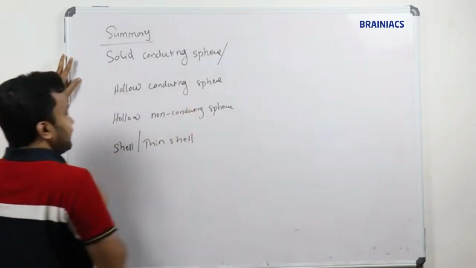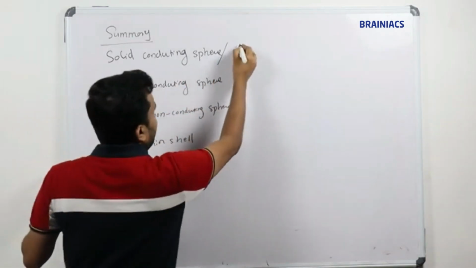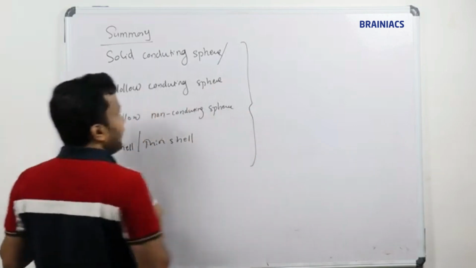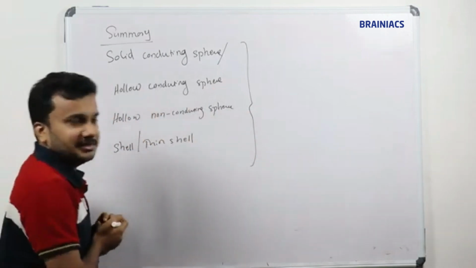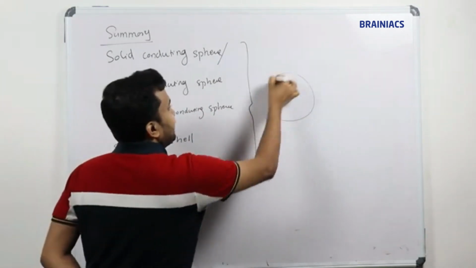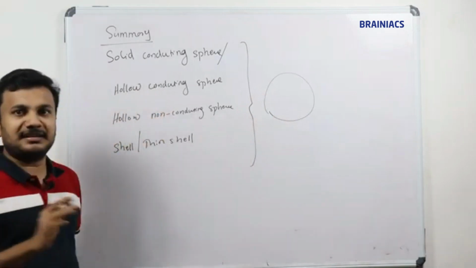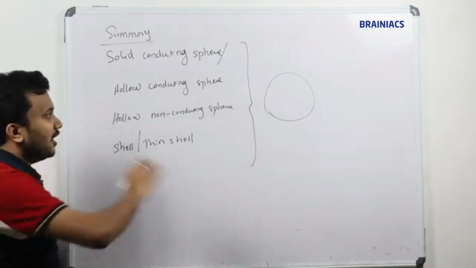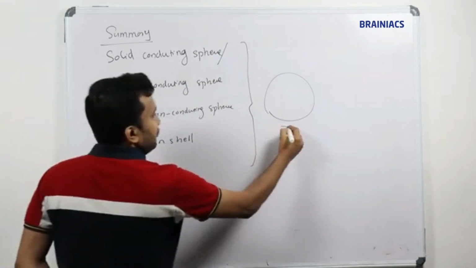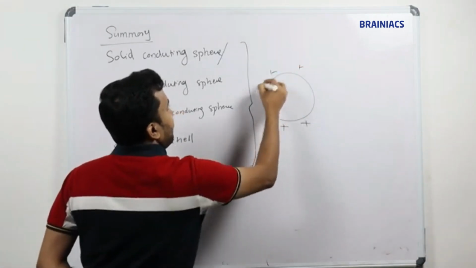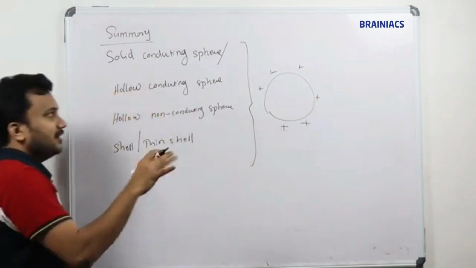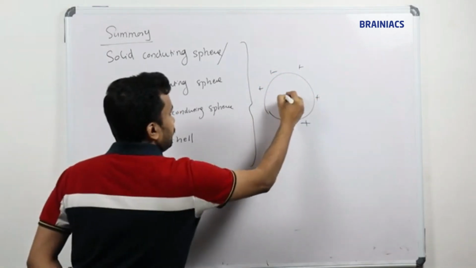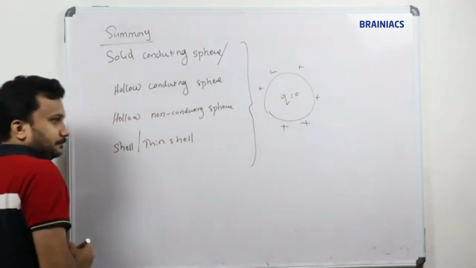If all these situations come in a question paper, they all actually mean the same thing: inside it is empty, nothing is filled, it is completely empty, and charges are present only on the outside surface. Inside there are no charges, q equal to 0.